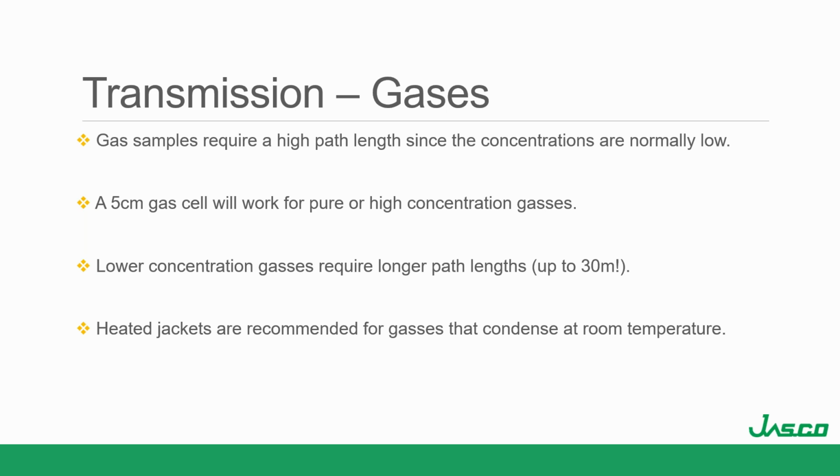For lower concentrations where you need longer path lengths, up to 30 meters is the longest I've seen. I always recommend getting a heated jacket, especially if it's coming from a process or from some outside sample that you're creating. You need a heated jacket so that the gas doesn't condense on the side of the cell, because if it's condensed on the side of the cell, you're not going to be able to see it with IR.